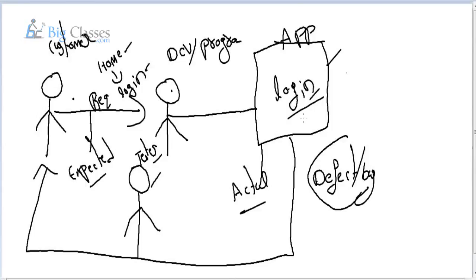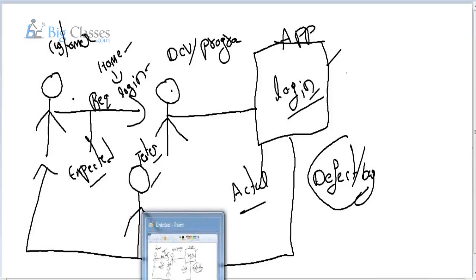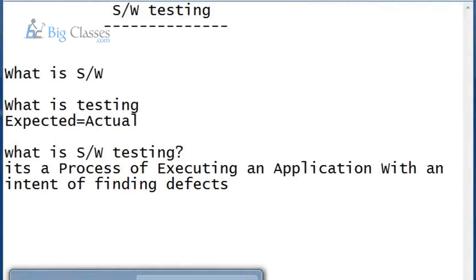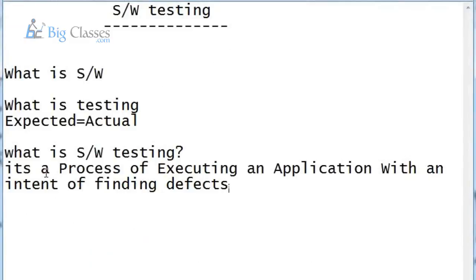Customer requirements are the expected result. Yeah, okay. Whatever I'm trying to explain, explain it like this simple answer: it is a process of executing an application with an intention of finding defects. Okay, sir. Clear, Lavanya? I'm clear, sir. Okay, thank you.